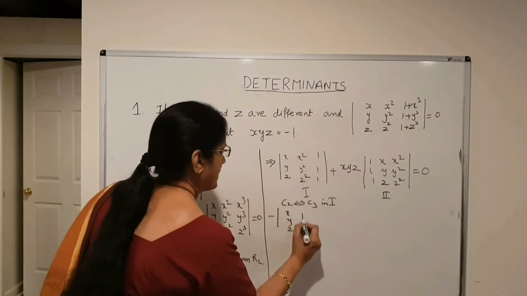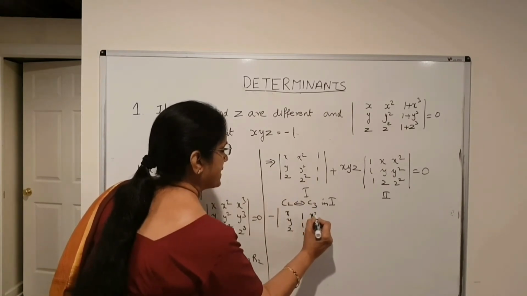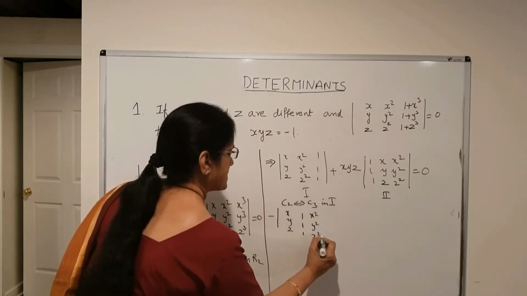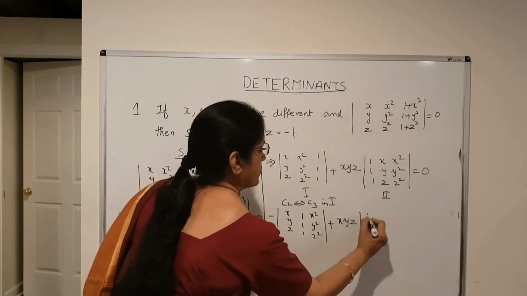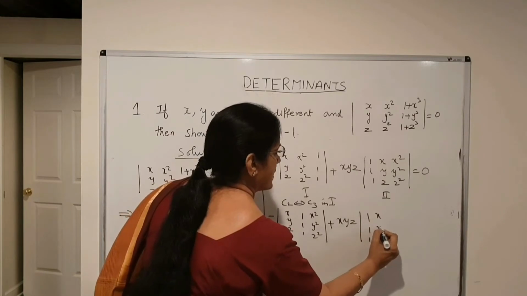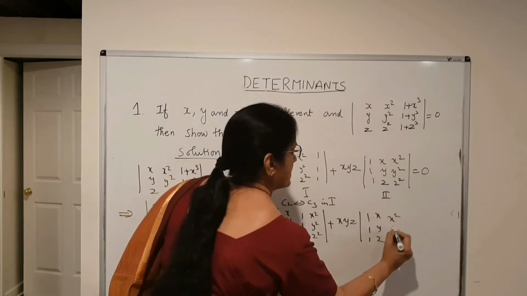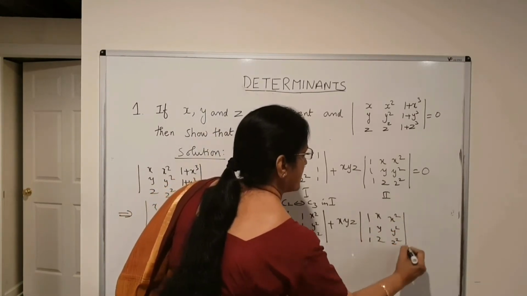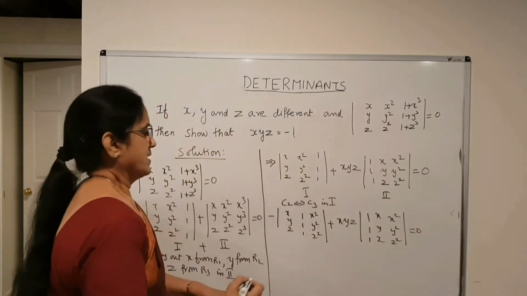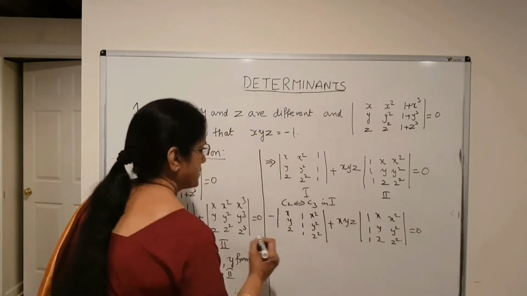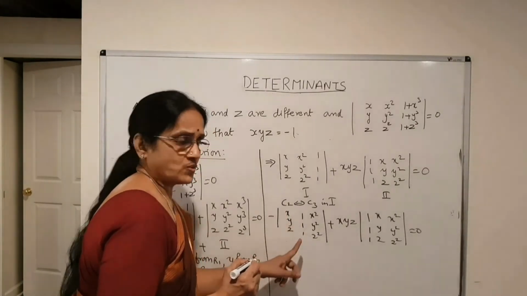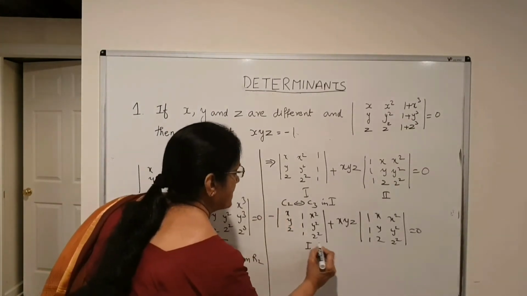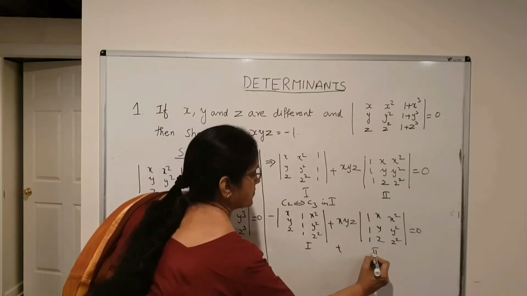Then minus |1, x, x square; 1, y, y square; 1, z, z square|, in the form x, y, z with 1, 1, 1 and x square, y square, z square, plus xyz times |1, x, x square; 1, y, y square; 1, z, z square| equals 0. Now I am going to shift 1 and 2, that is C1 and C2, so this is your 1 plus this is your 2.